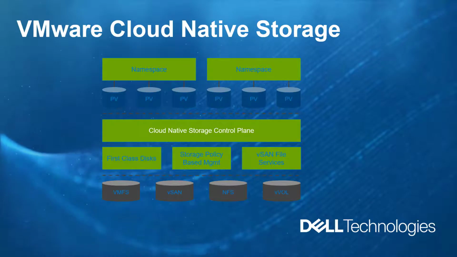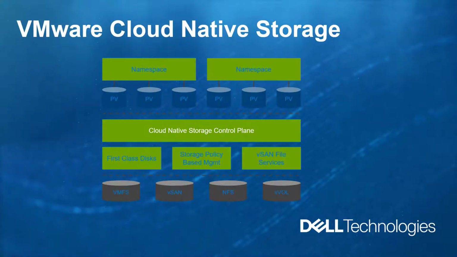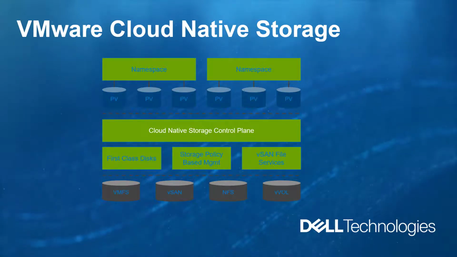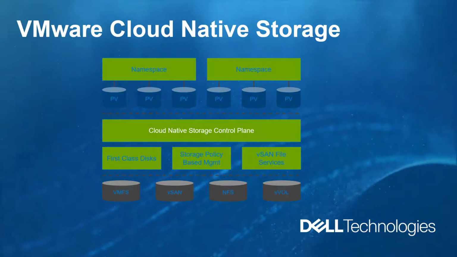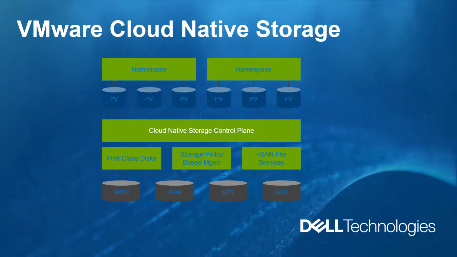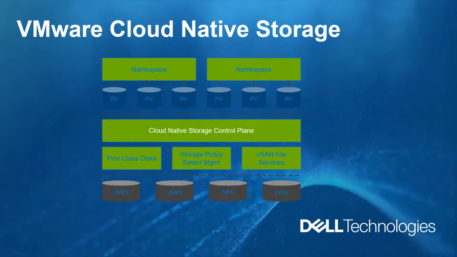Persistent storage is presented through the VMware CSI driver called CNS. CNS uses existing storage options for storage provisioning in a new way. First, it is based on storage policies, as we saw, and it uses first-class disks instead of standard disks.